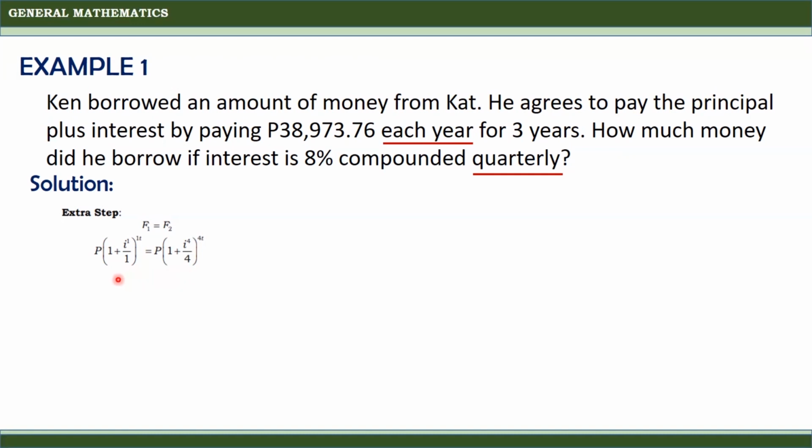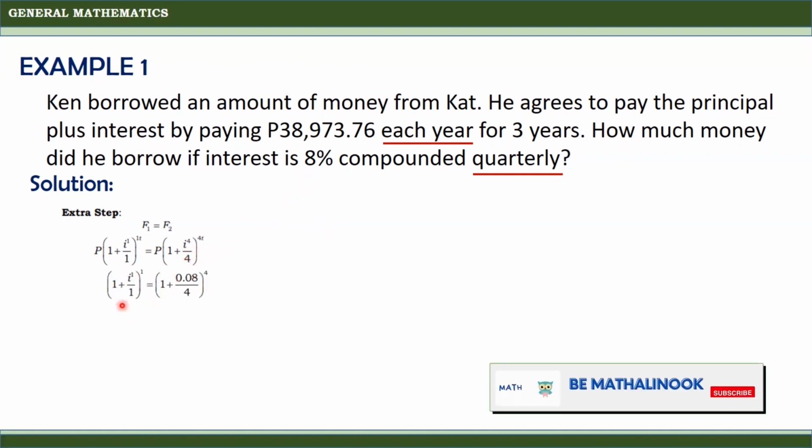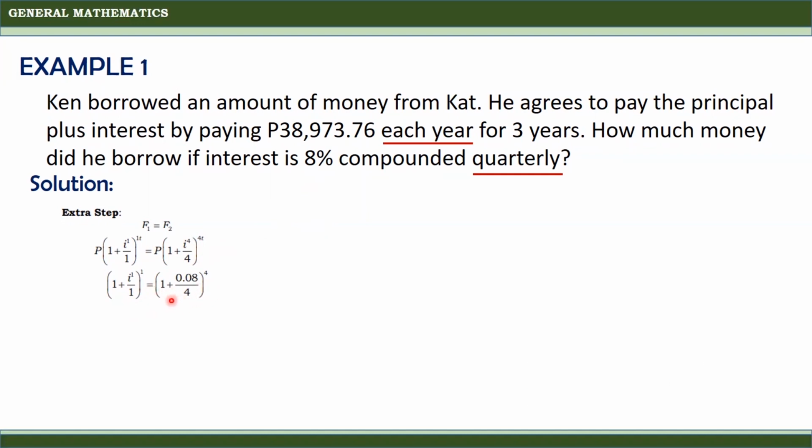By canceling the common factors P and T and by substituting 8% to I raised to 4, we will have (1 + i)^1 / 1 = (1 + 0.08/4)^4. By simplifying the expression inside the parentheses, it will give us 1.02.